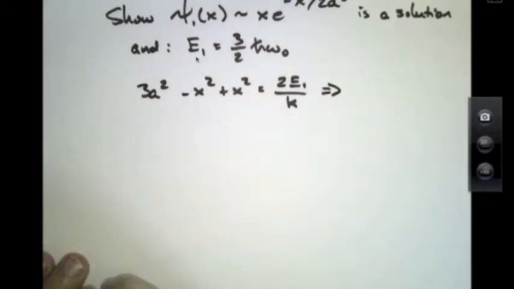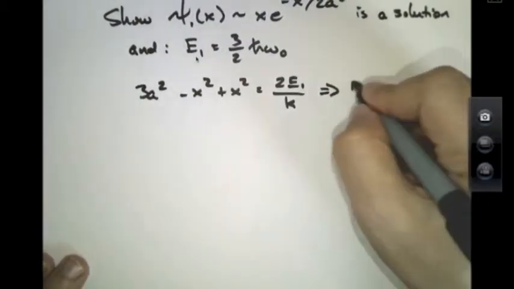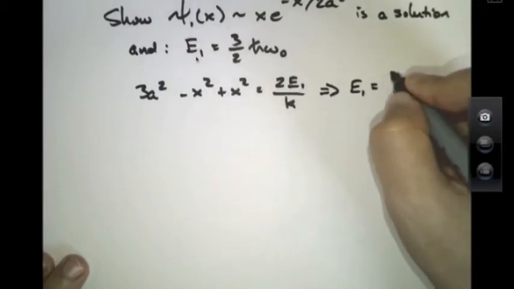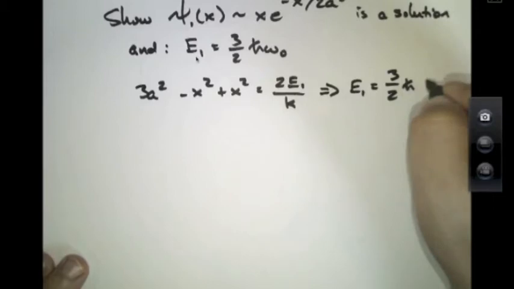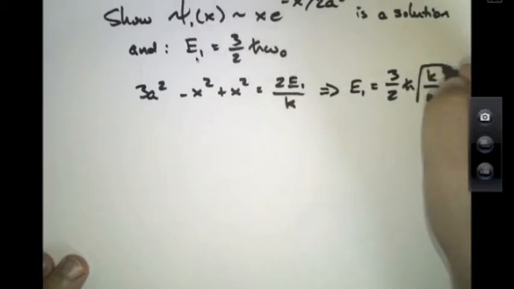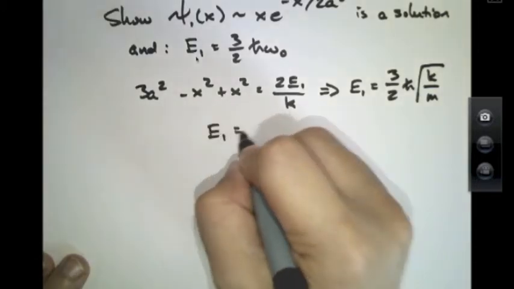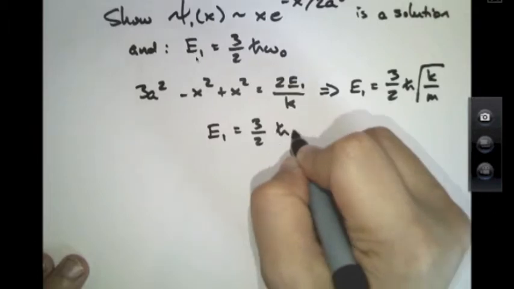These two, of course, cancel out. And I'll get that E1 is 3/2 h bar square root of k over m, or E1 is 3/2 h bar omega naught.